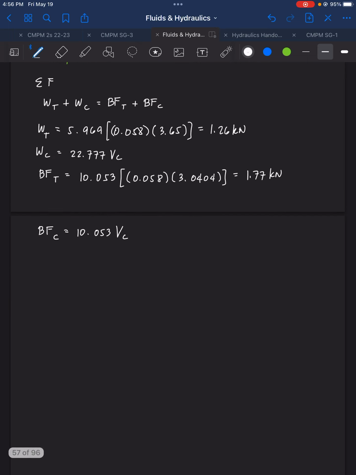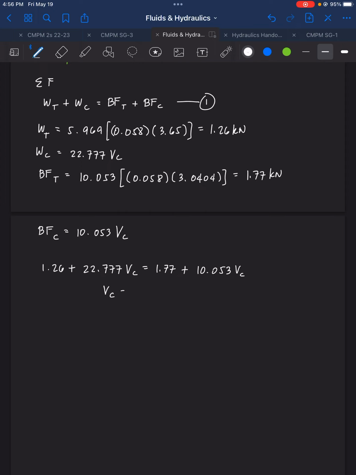And then we substitute all of them to this equation number 1. So we have here weight of timber as 1.26 plus weight of concrete 22.777 times volume of concrete. That is equal to buoyant force for timber, 1.77 kilonewton, plus buoyant force for concrete, which is 10.053 times volume of concrete.